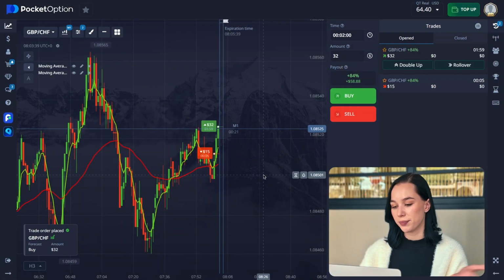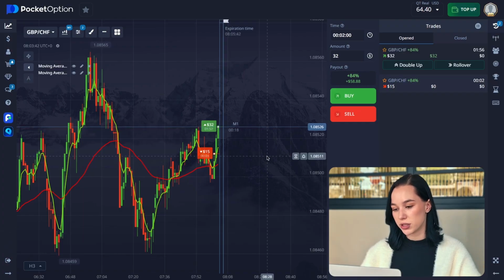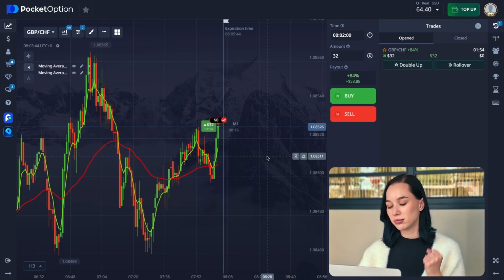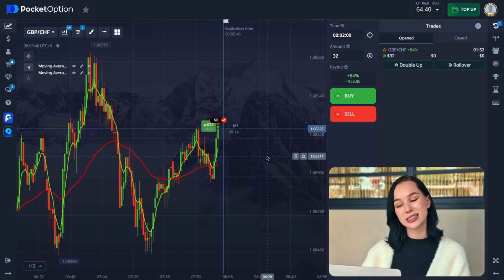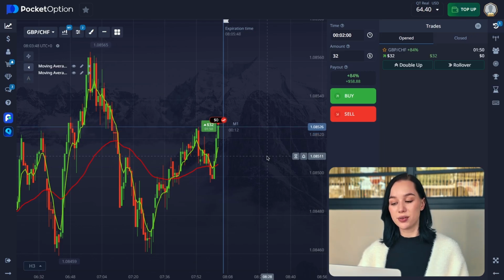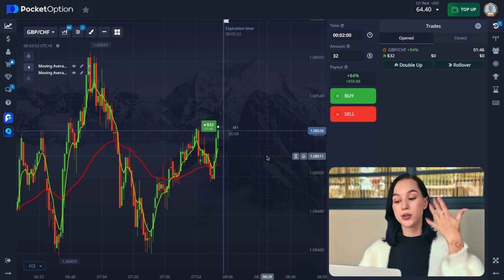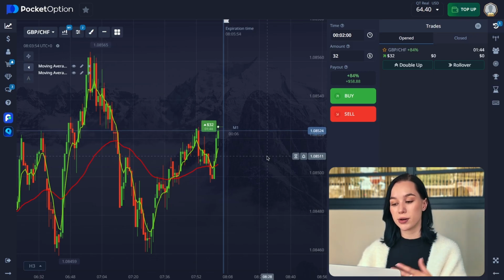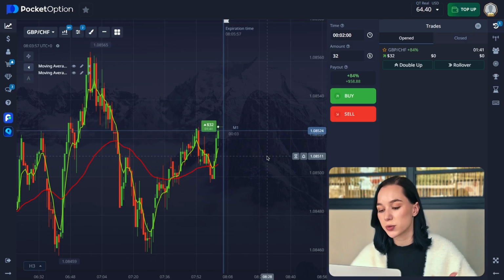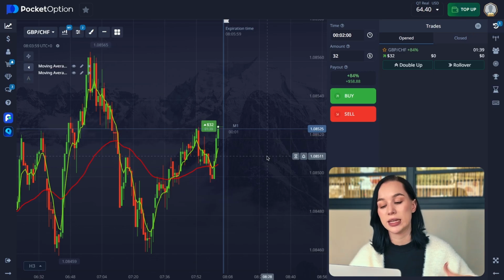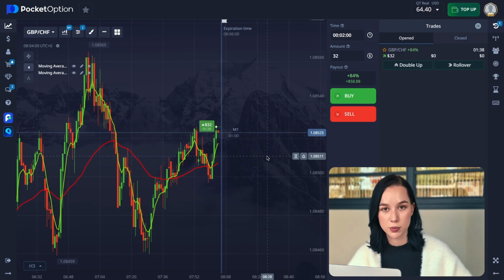We can see it already broke the previous resistance level and is moving upward pretty strongly. But it's fine, because as you can see, before it was an upward trend, it created a new resistance level and started moving in the downward direction. All of the signals, even the moving averages, were showing us that it was a pretty good time to open a trade down.